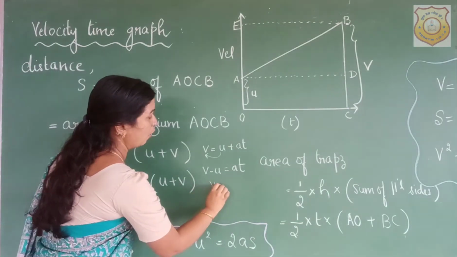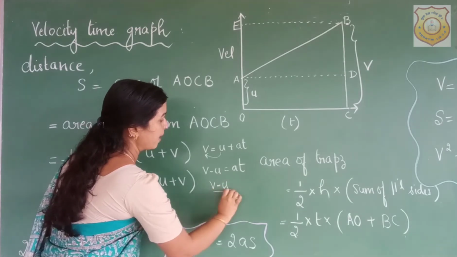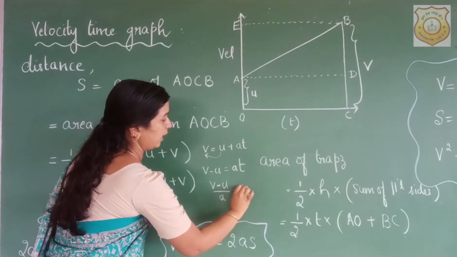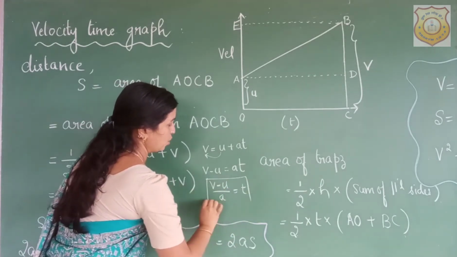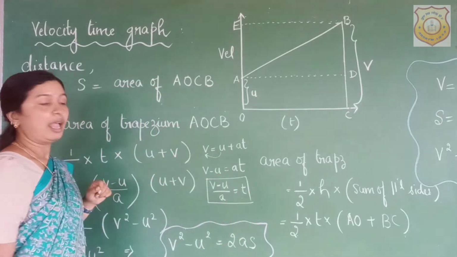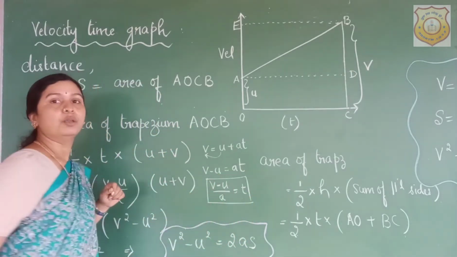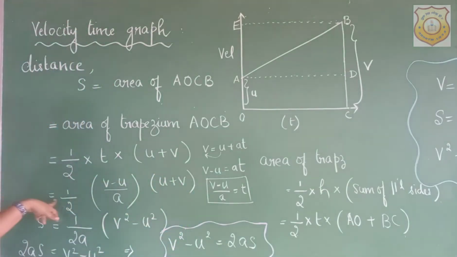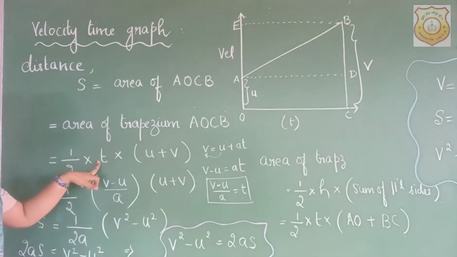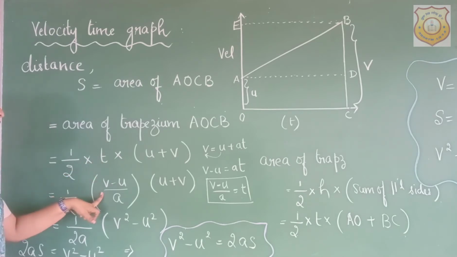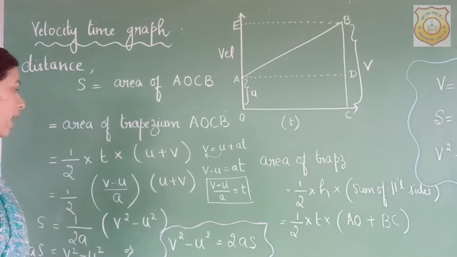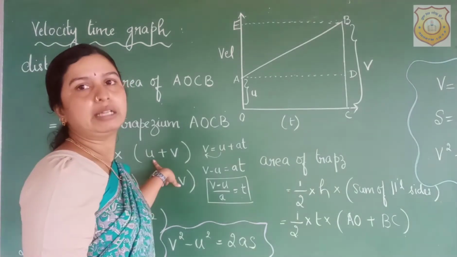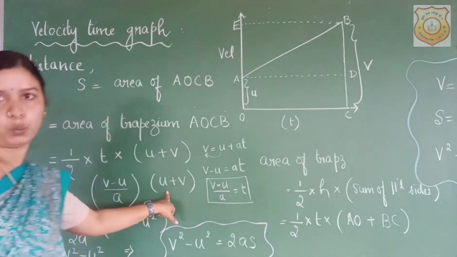Here we get v minus u by a equal to t. So we are going to remove the t and we are going to substitute it using v minus u by a. So half into, instead of t, I have given v minus u by a into, this we will keep as such, u plus v.